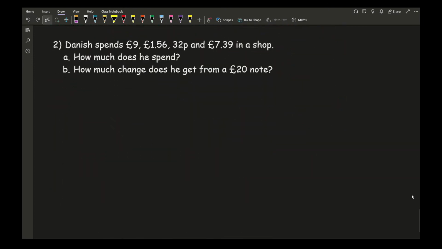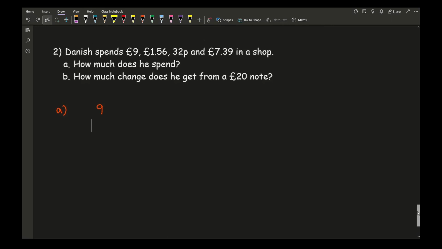And then moving on to the second question. So it says Dinesh spends, a very similar question, £9, £1.56, 32 pence and £7.39 in a shop. How much does he spend? So again, what we need to do here is with part A. So I've got 9, and again, let's make sure that first of all the units are all the same.